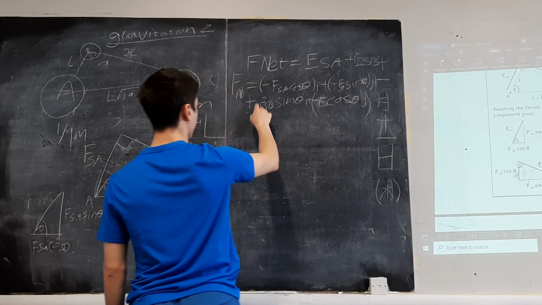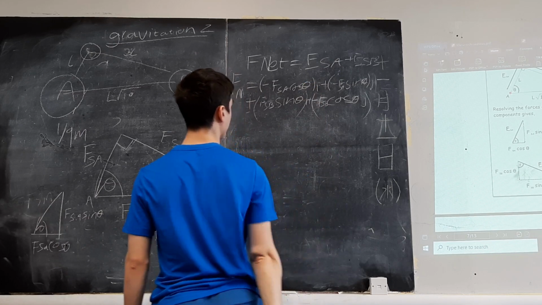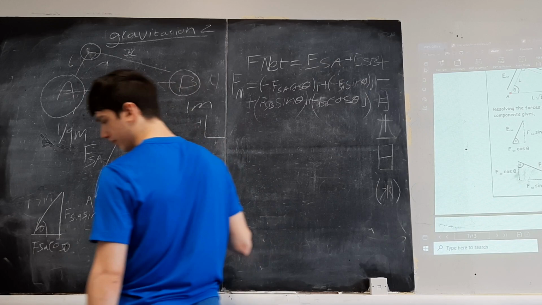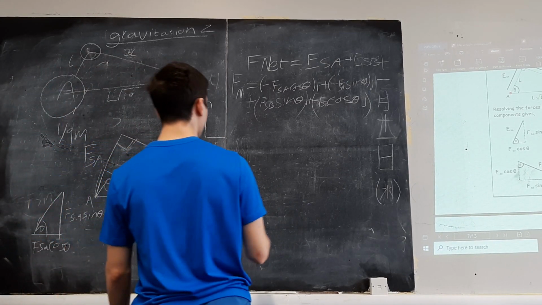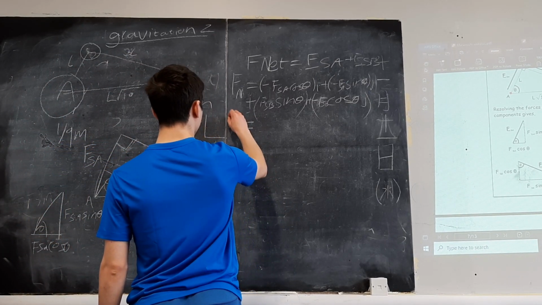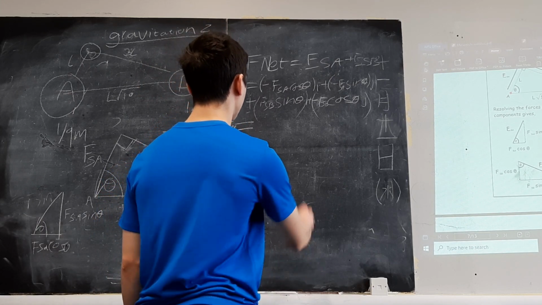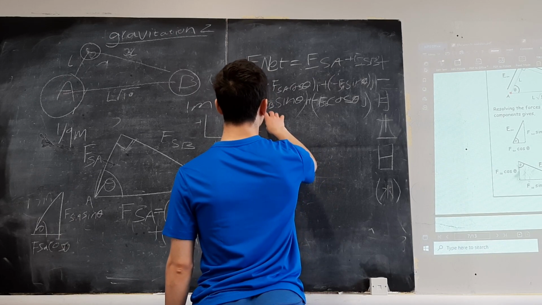Minus and minus is positive for once. And then we can just, well, now we use k. So we just put the i's together.